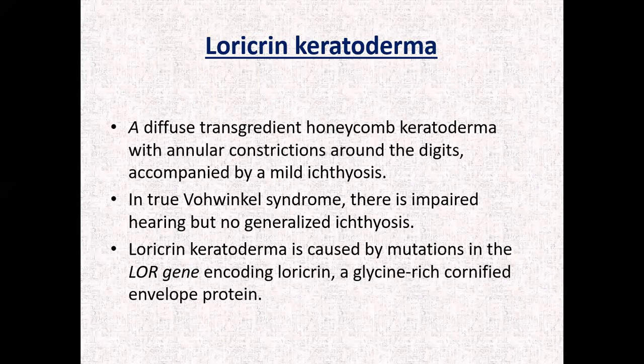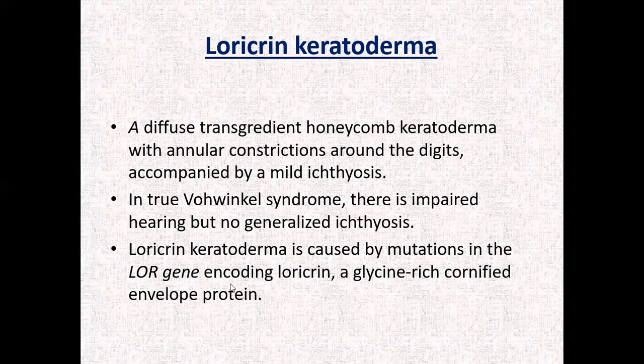Loricrin keratoderma is again a diffuse keratoderma, but it is specific in its shape in that it is characterized by honeycomb appearance of the keratoderma, with annular constriction along the digits and mild ichthyosis. In Vohwinkel syndrome, which we will be discussing in syndromic keratodermas, there is impaired hearing but no generalized ichthyosis. So Vohwinkel syndrome has features in common with loricrin keratodermas, but it is also characterized by hearing defect, which is not seen in the classical loricrin keratodermas.